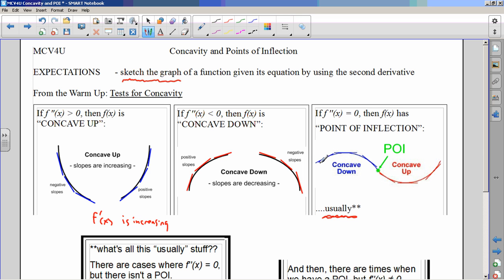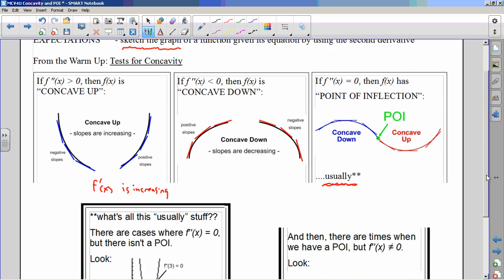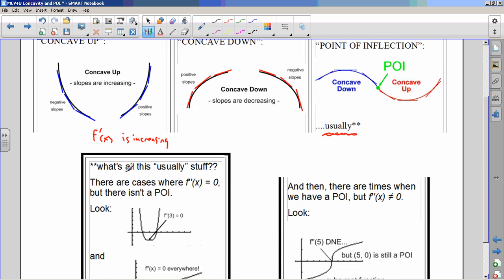But we see on this graph it was a frown, then it's a smile, goes from concave down to concave up, and in between is a point of inflection. So what's all this usually stuff? Well, there are cases when the second derivative is zero, but there isn't a point of inflection.